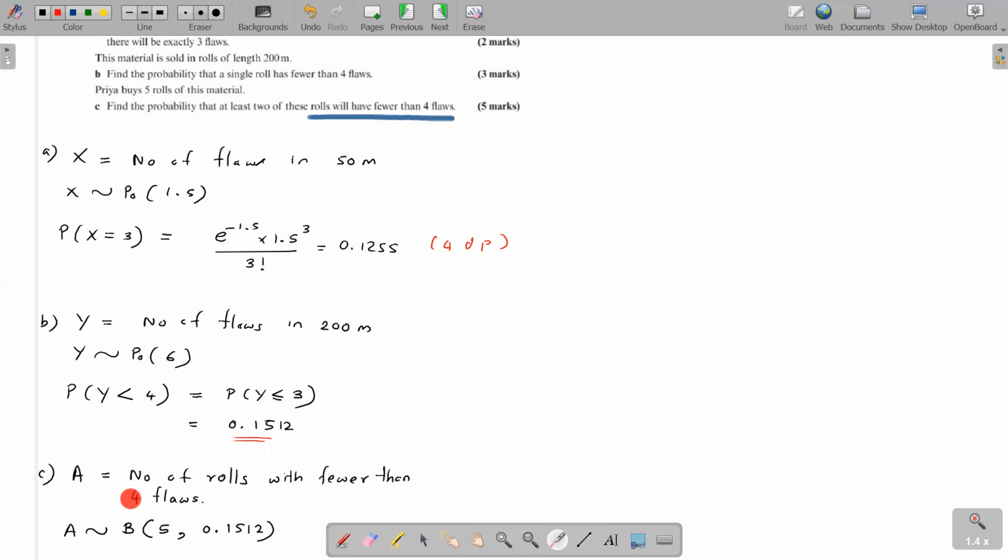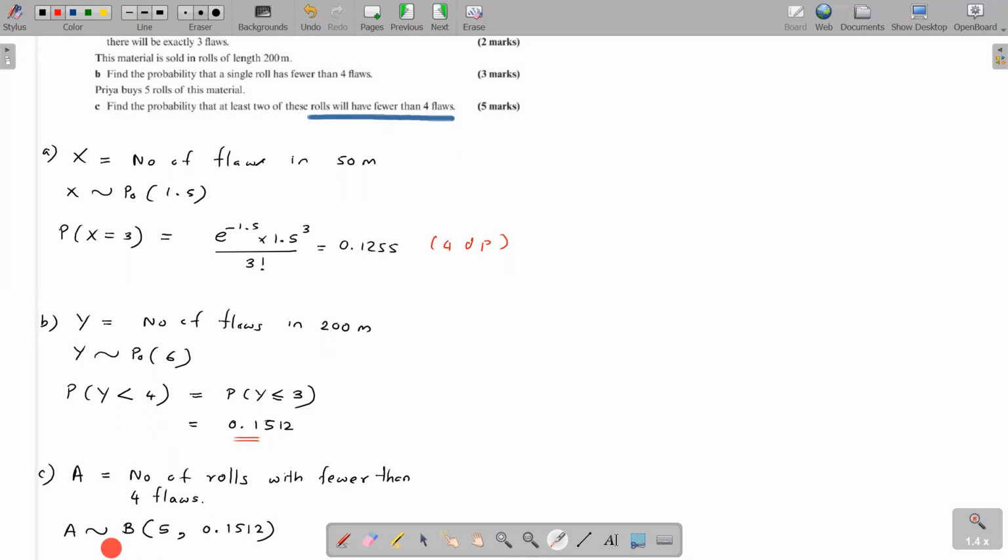So what's the probability of having a roll with fewer than 4 flaws? Didn't we find it in part B? In part B, we considered a single 200-meter roll, and we found the probability of having fewer than 4 flaws in a single roll is 0.1512, right? This we found in part B.